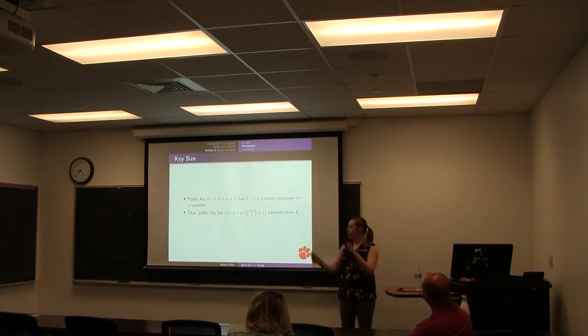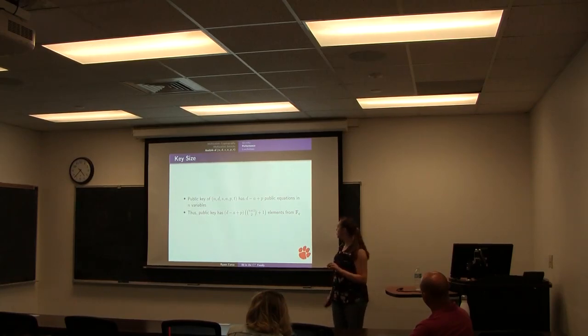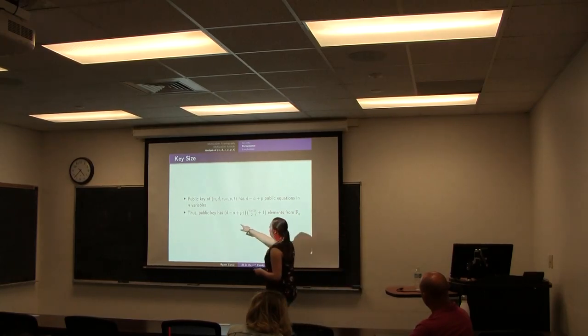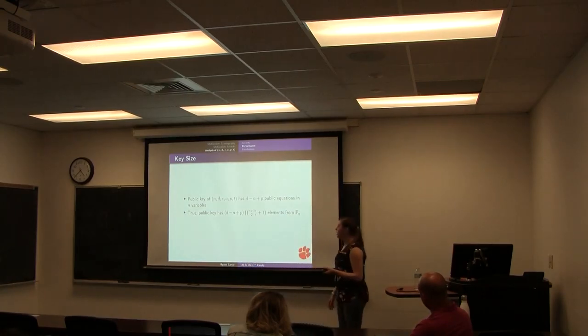So we're going to have n choose 2 for my quadratic, n for my linear, and then plus 1. And so we're going to have n plus 1 choose 2 plus 1 elements from FQ for every one of our equations. So we have a total of D minus A plus P times n plus 1 choose 2 plus 1.